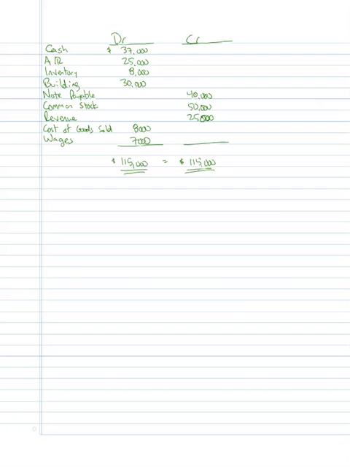But it's not the number of accounts that matters, it's of course the dollar value. So we can see that our debits equal our credits. This is reassuring. We know this must be true for our accounting equation to work out. It works out, so we are somewhat assured that we've recorded our transactions reasonably well.